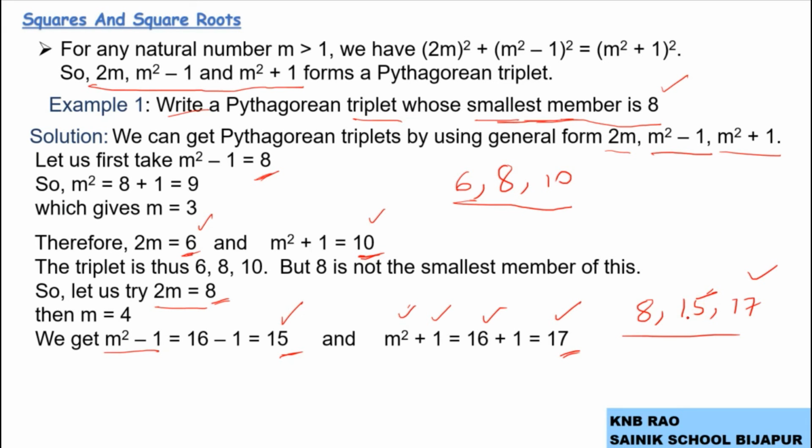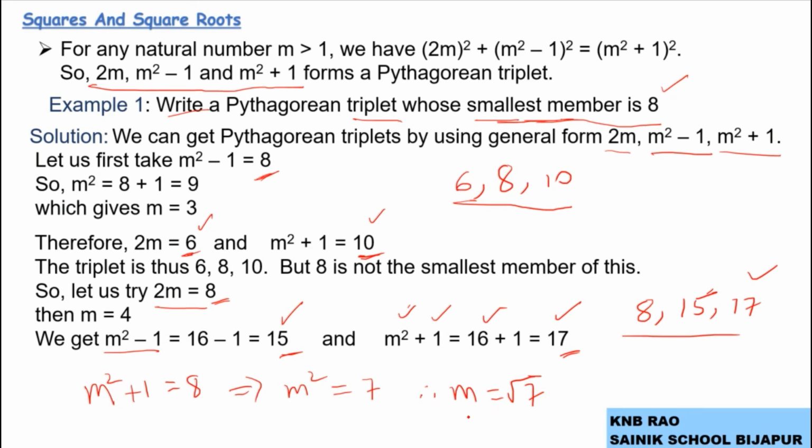Now can I do equating m square plus 1 to 8? That also you can try. Suppose if I equate m square plus 1 to 8, it implies m square equals 7. That means m equals root 7, which is not a natural number. When m is not a natural number, then I cannot get 2m, m square minus 1 being naturals again.